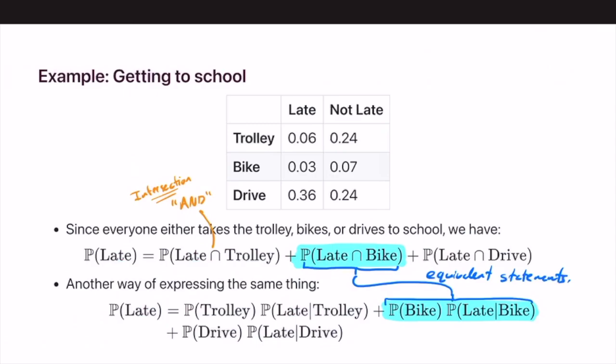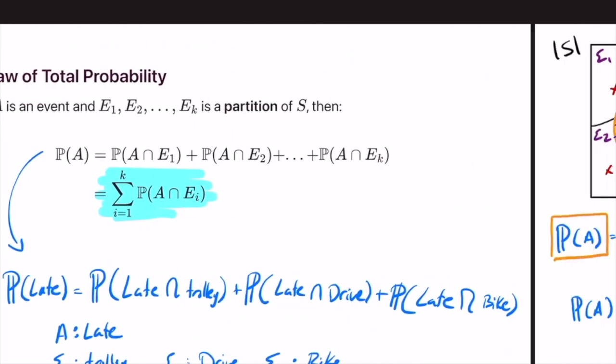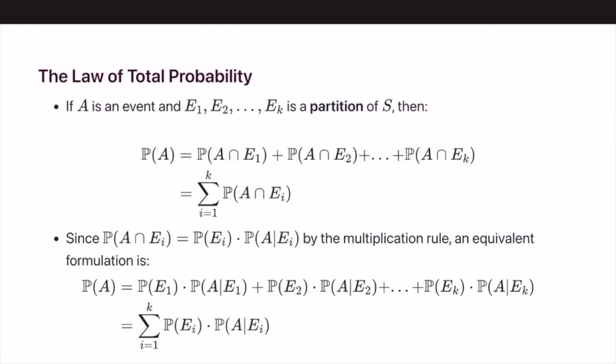We will explore this in lots of problems, but to formally state it, we can look at the law of total probability in two ways. The first way being the AND approach.